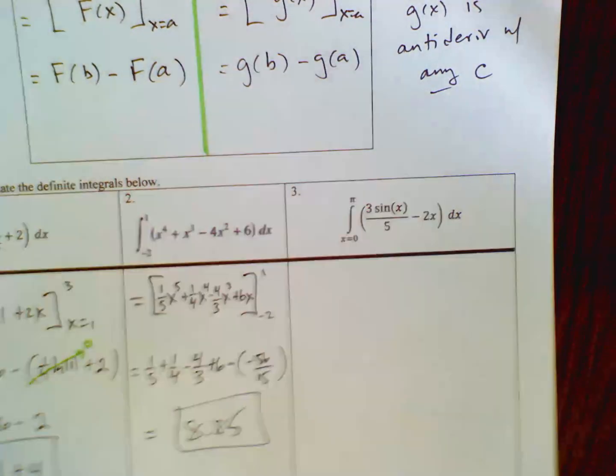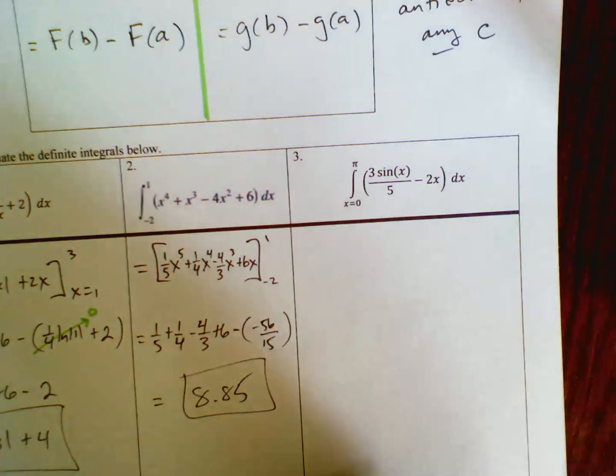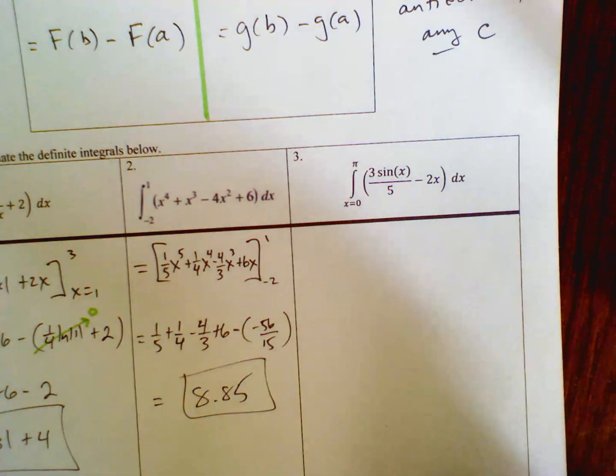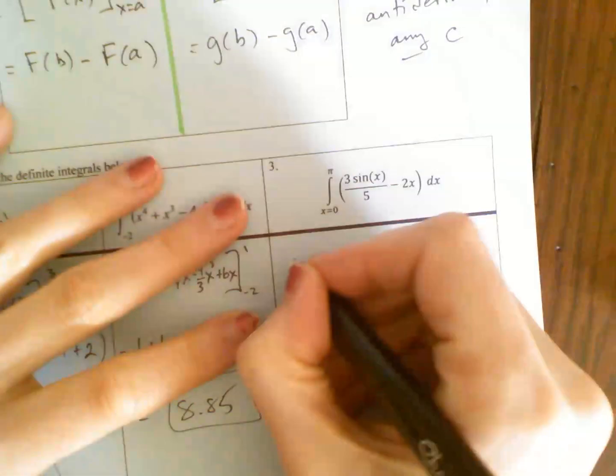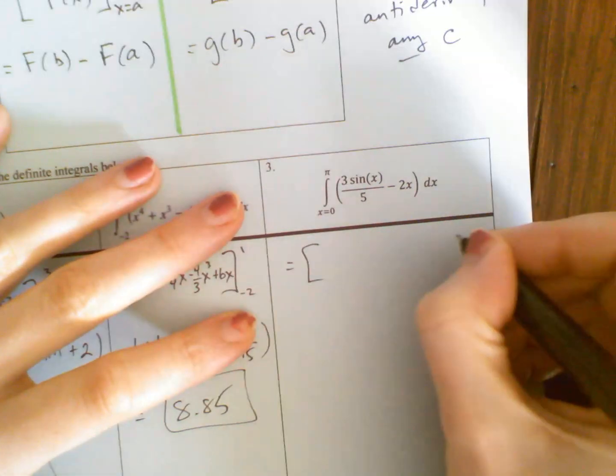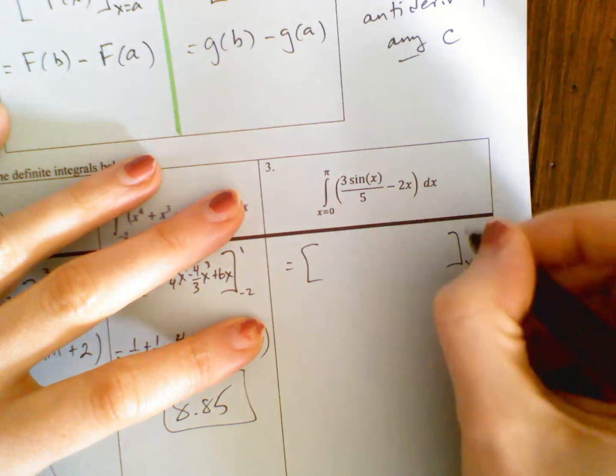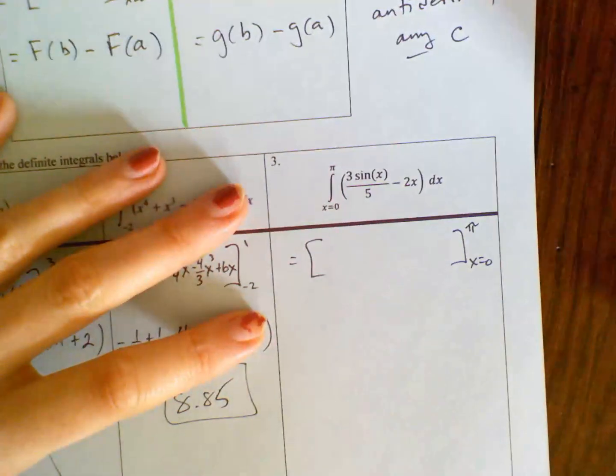Okay, one more. This is similar to the other one, where you want to think of the antiderivative in 2 parts. It's going to be from x is 0 to pi.